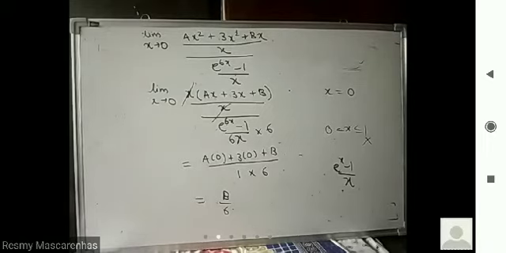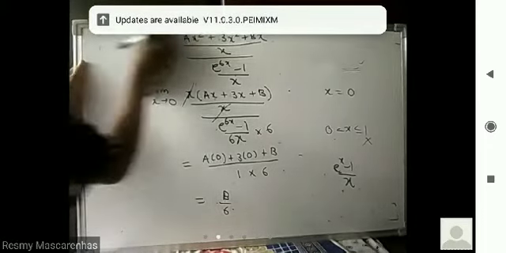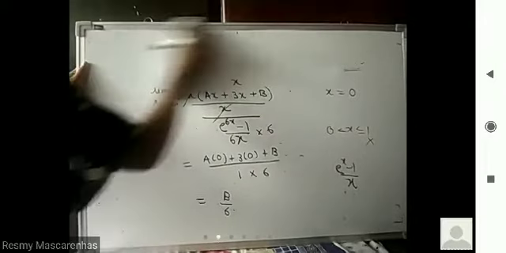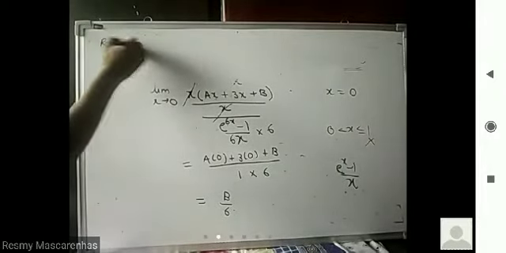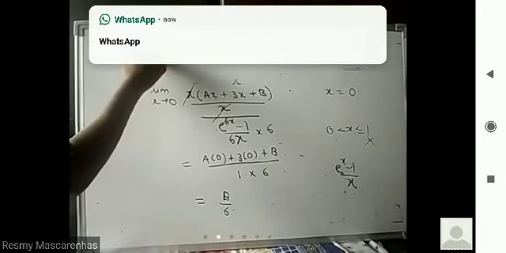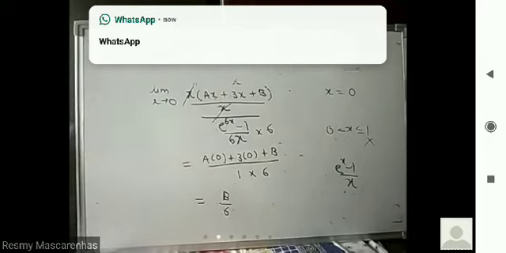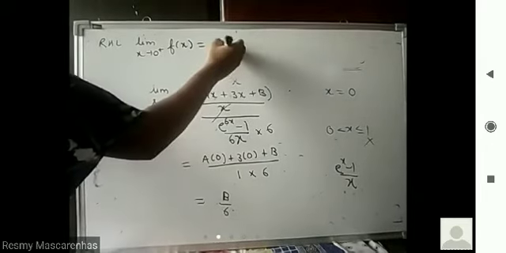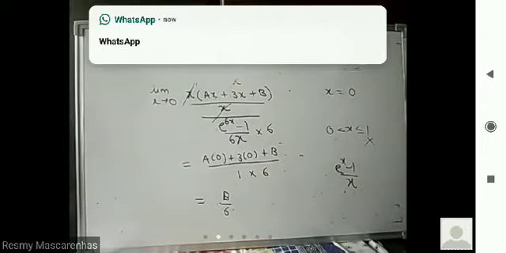Now try to find the right hand limit. Check in the question where x was greater than 0.